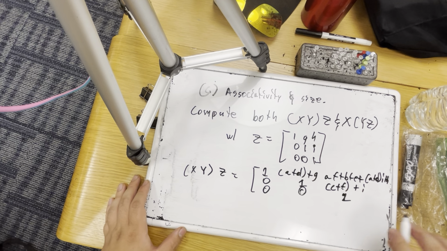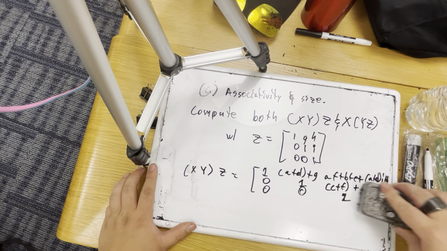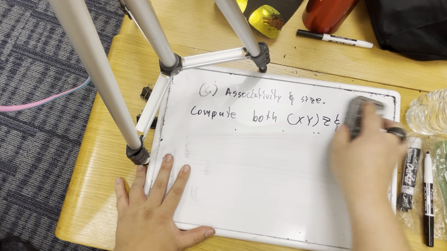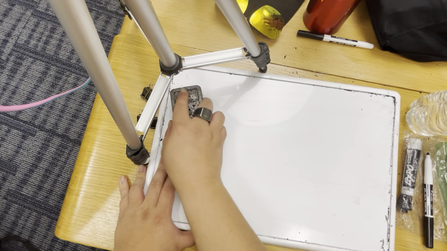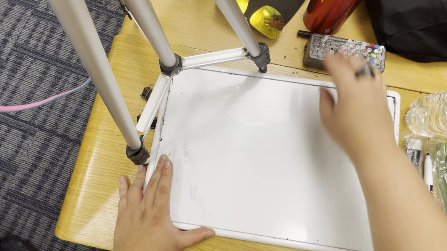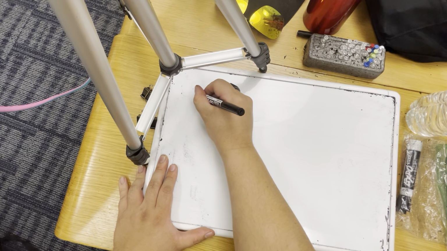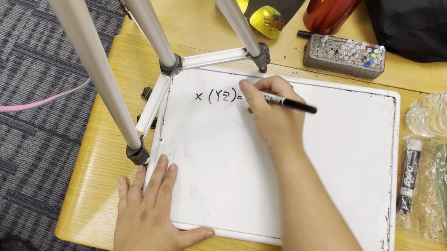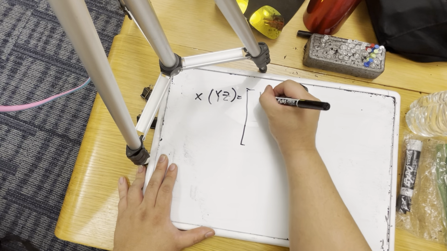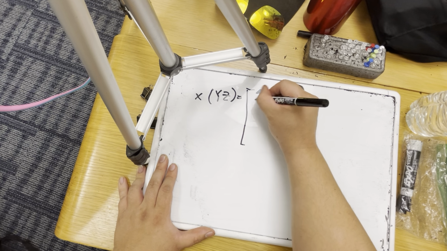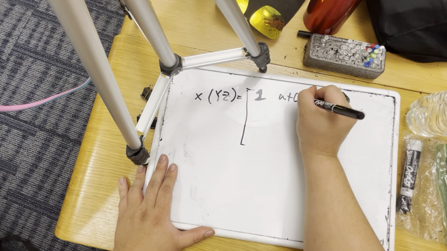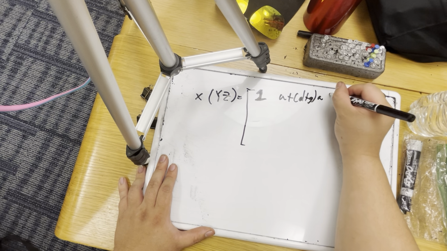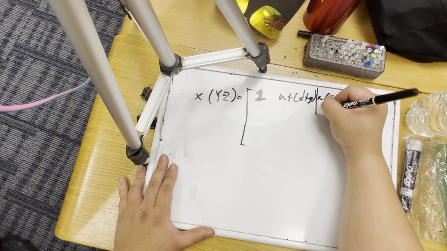All right, let's go to the other one, which I'll have to erase the board for. So x times open parentheses y times z close parentheses, well, that's just equal to 1, then a plus open parentheses d plus g close parentheses, then a open parentheses, oh, okay, goodness gracious.